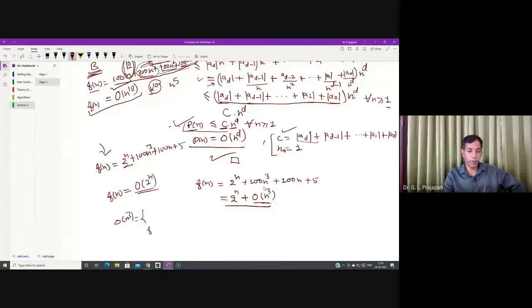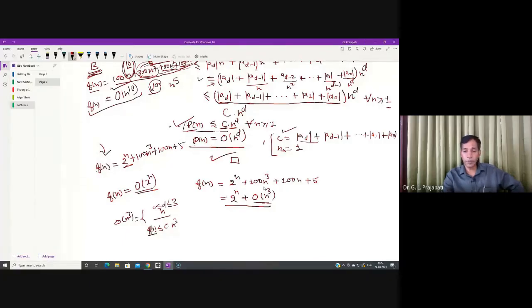So all f of n who satisfy the condition c into n is power 3 are here. So here f of n must have degree either 3 or less than 3. All polynomials of degree less than or equal to 3, greater than or equal to 0 will be here. So what is the worst case?